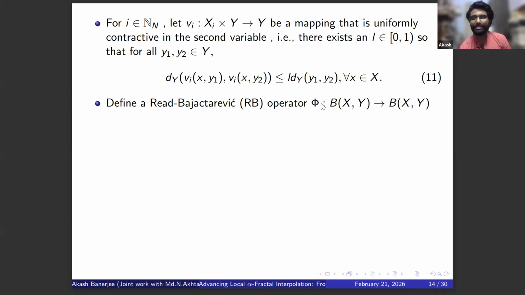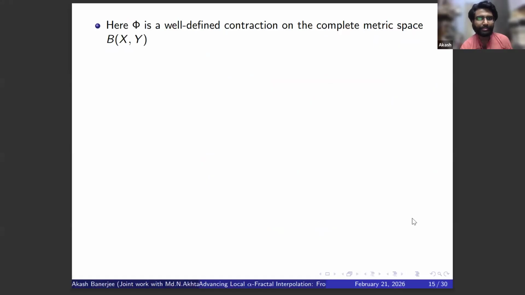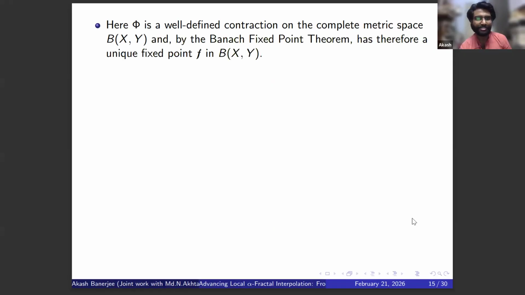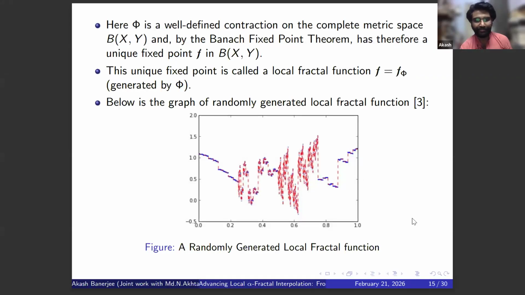So the RB operator phi is an operator from this function space to itself, and this is the particular form, which I'm not going into in detail. We can show that this particular operator is a contraction on the complete metric space capital B, and by Banach's fixed point theorem there is a unique fixed point, and that fixed point is called a local fractal function generated by phi.